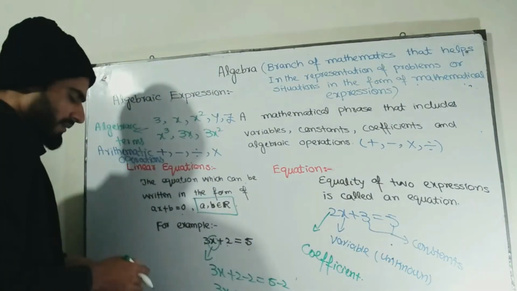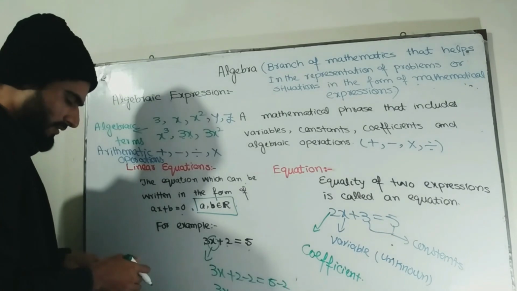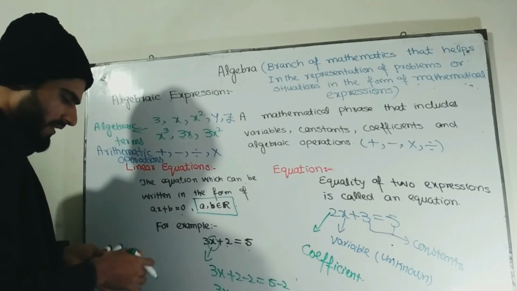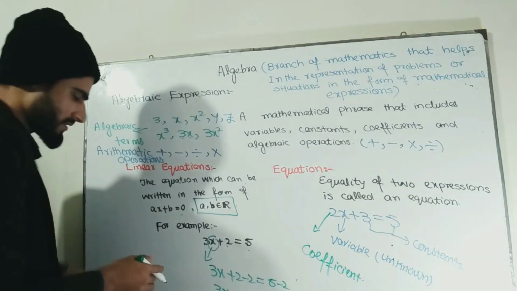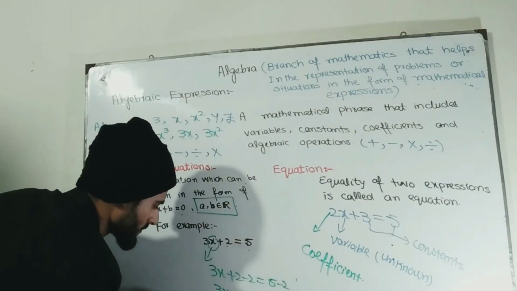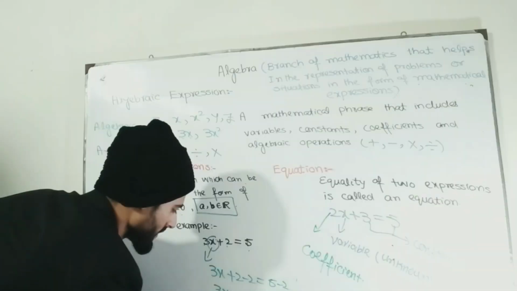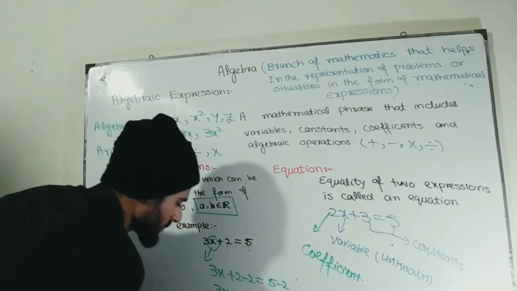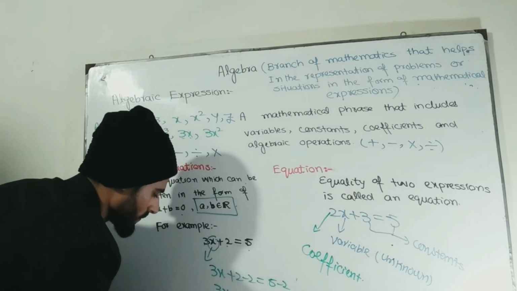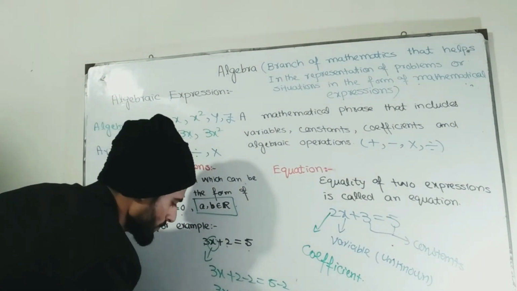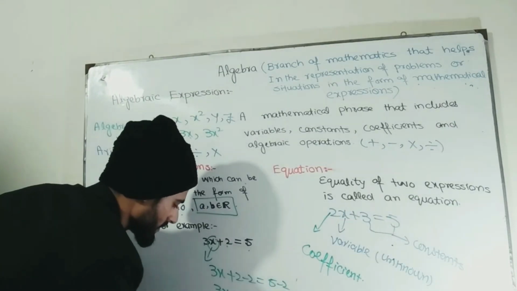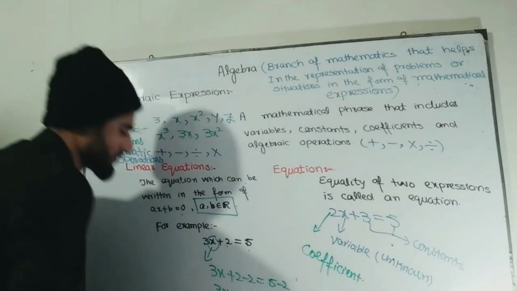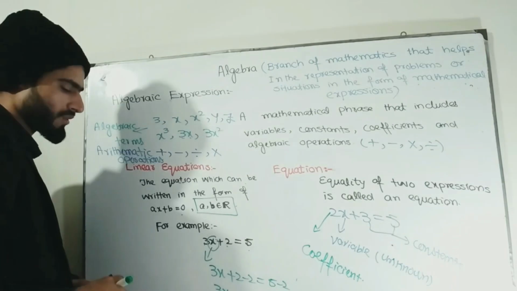Remember that I am going to calculate the value of x, so I want to divide by 3 on both sides. 3x over 3 is equal to 3 over 3, so x is equal to 1. So this is the value of the unknown variable.